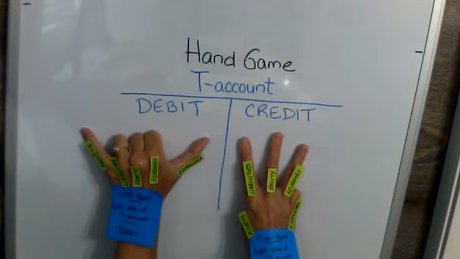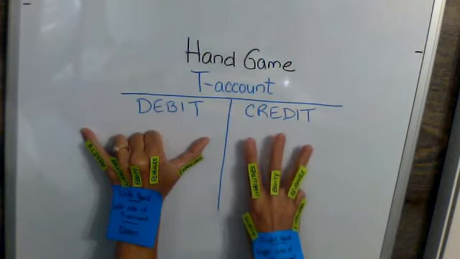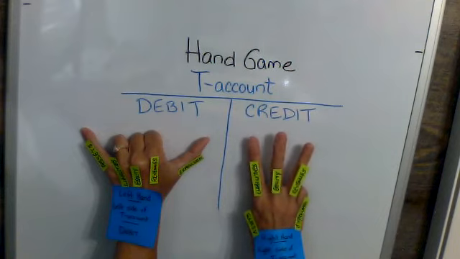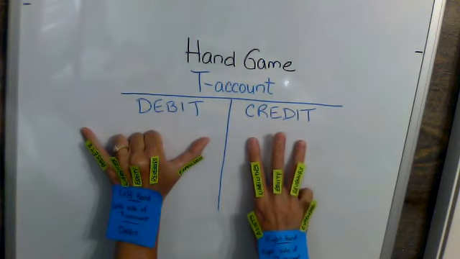So the effect that a credit has on a liability account, an equity account, and a revenue account is to increase those accounts. Expenses, my baby finger is pointing down. So the effect that a credit has on expenses is to decrease expenses.